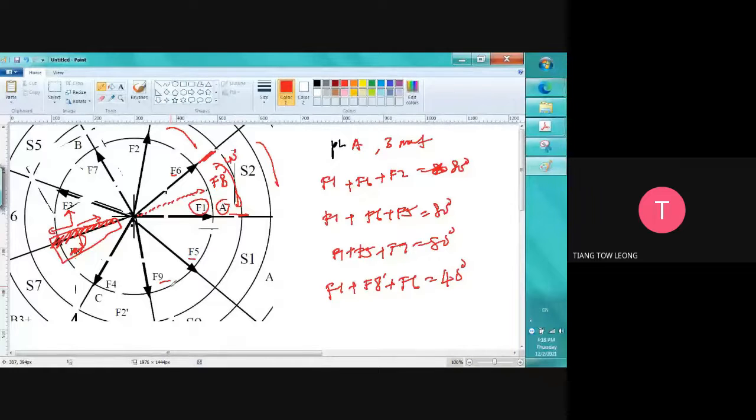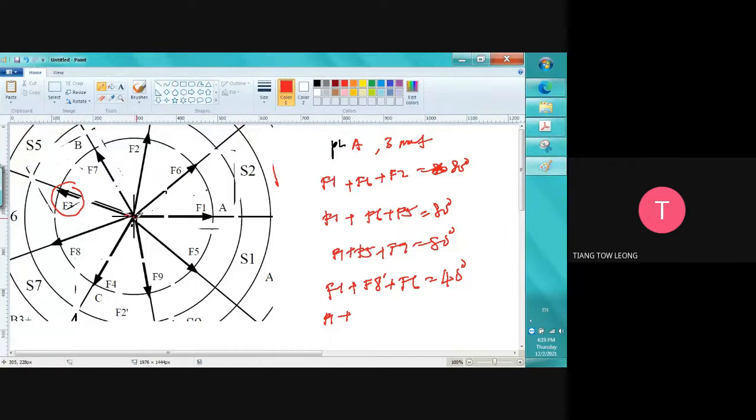Okay or not? Until here, okay or not? Okay, so I give you another example. F1 must be included. And then if let's say we are not happy with the F8 reverse, we can reverse F3 actually.